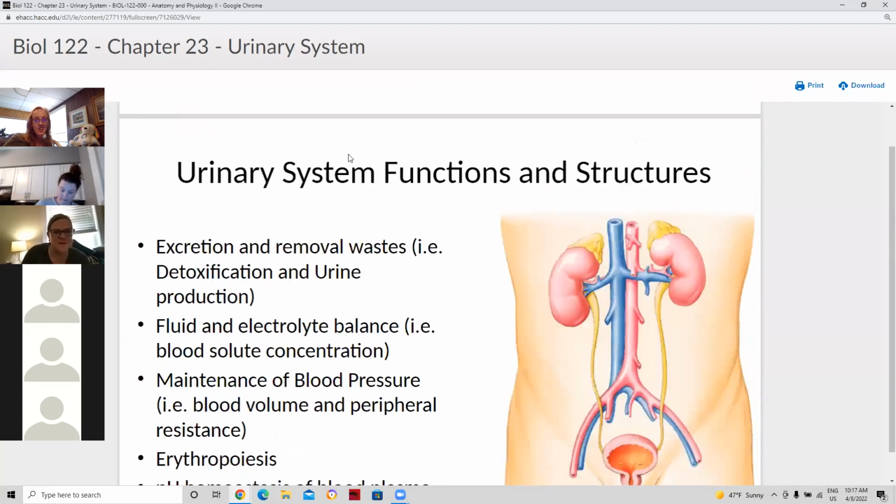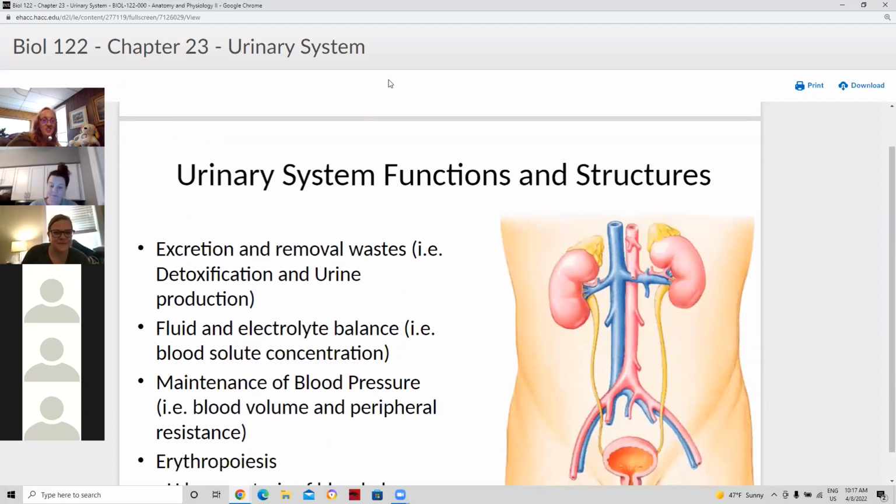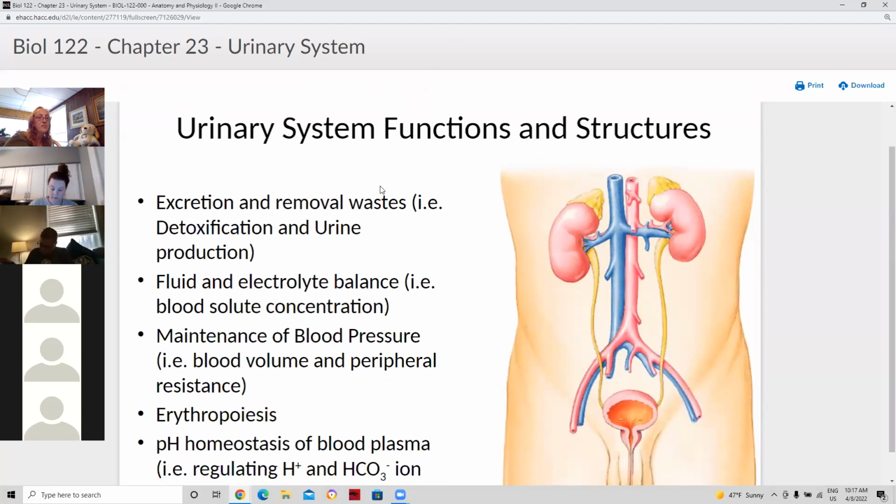No, we will. Okay. Urinary system functions and structures. The major urinary system functions: excreting and removal of waste, so detoxification and urine production, fluid and electrolyte balance, meaning it's regulating blood solute concentrations.